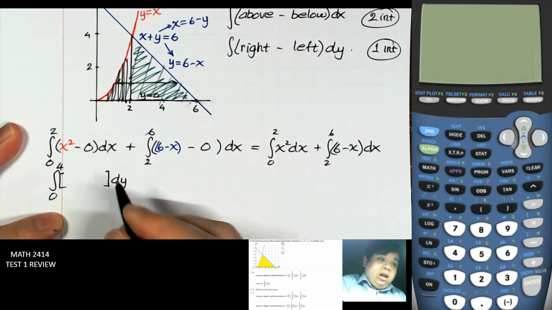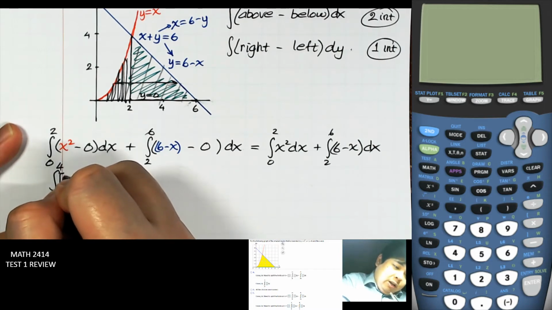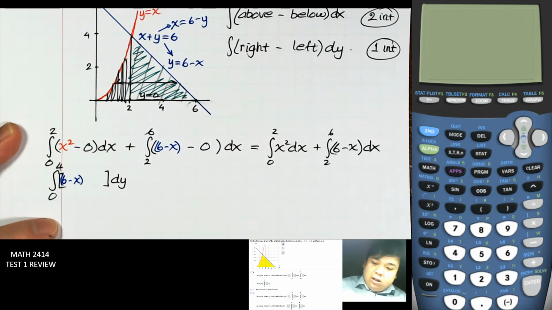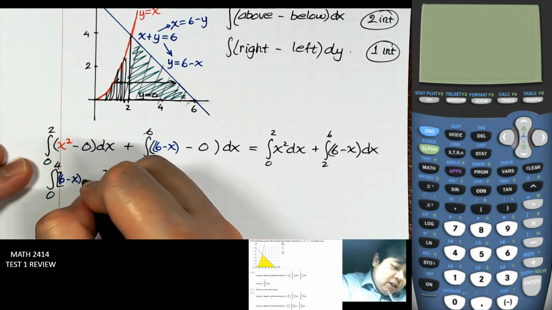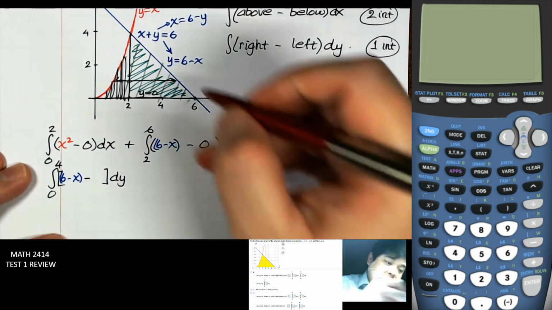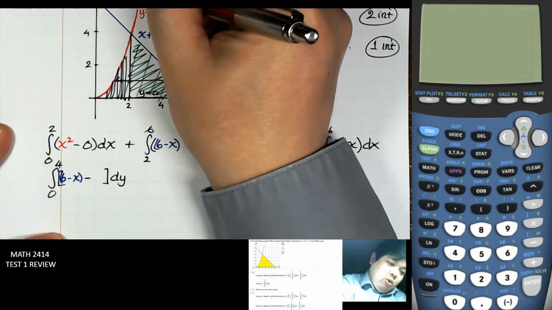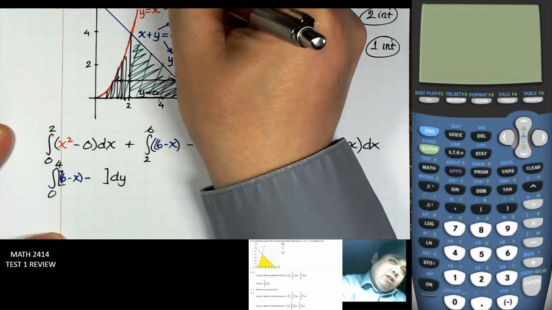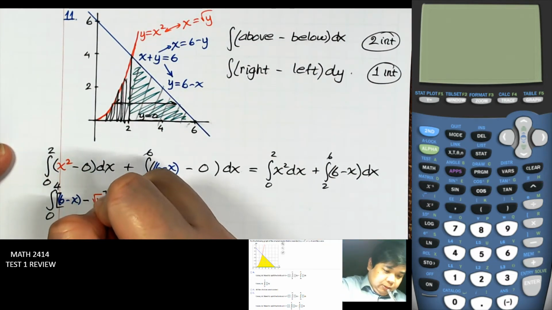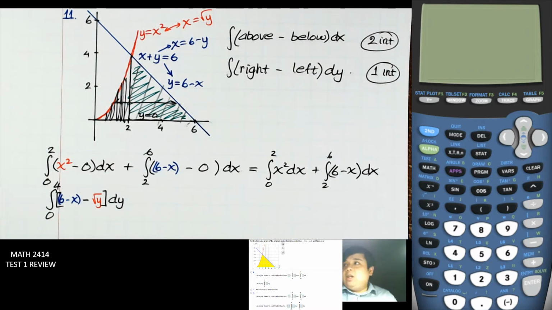We need dy, so we need the function of y. So on the right we have 6 minus y, and on the left we have y equal to x squared. Need to write this as a function of y. x equals square root of y. Right, so let's try that.